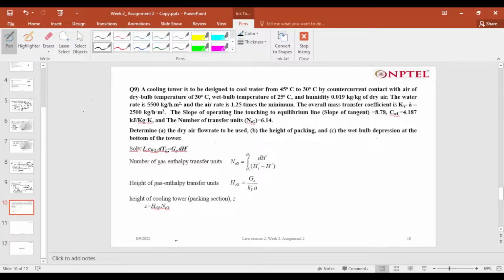If you have gone through the second week lecture on the cooling tower, all of you know these equations.